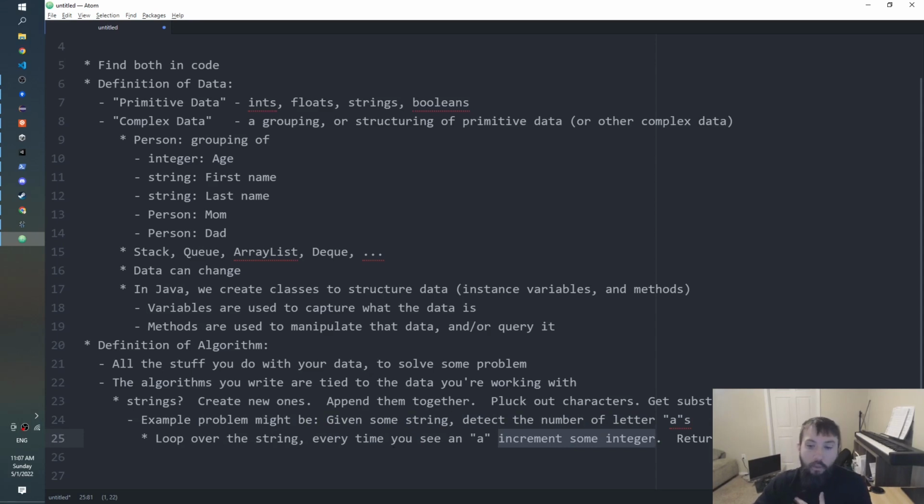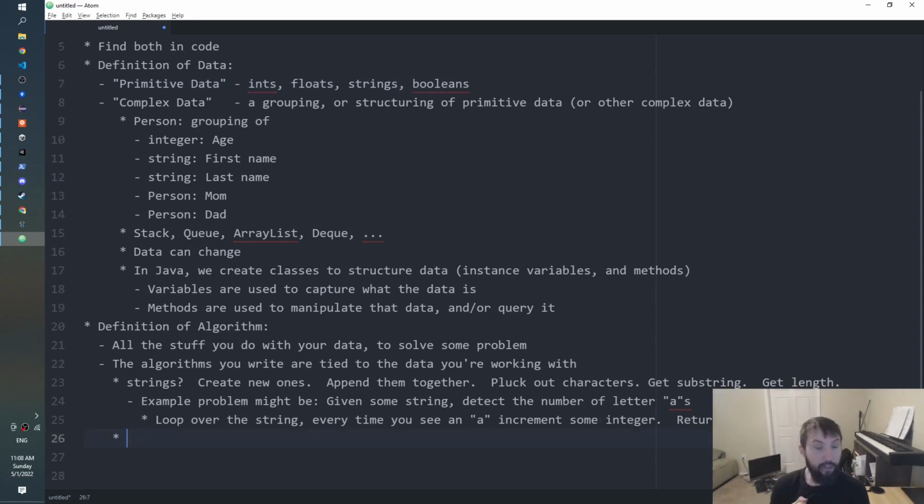So what I'm trying to illustrate here is a common feature of algorithms, which is that depending on the problem, you're going to have to pick and choose which data you use to solve the problem. And when you pick that data, you have to obey certain rules about it. Like with an integer, you can increment them. With a Boolean, you can't really increment a Boolean, so you wouldn't necessarily use that for this particular problem.